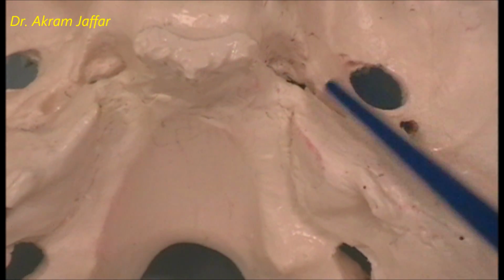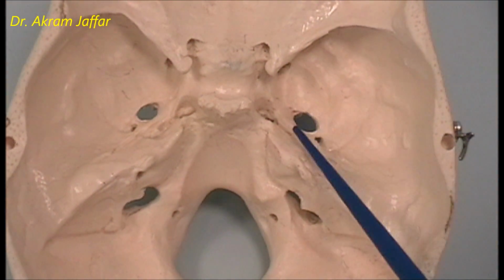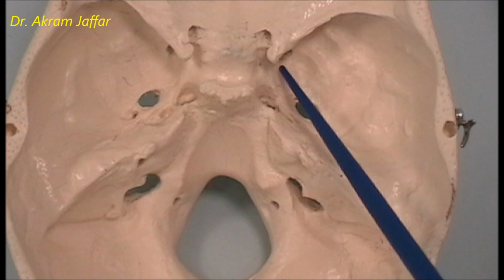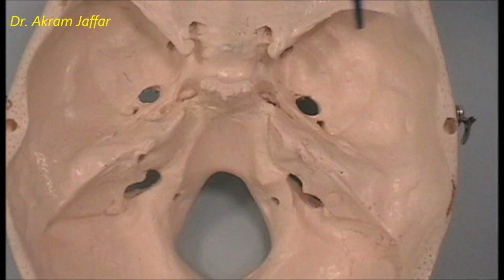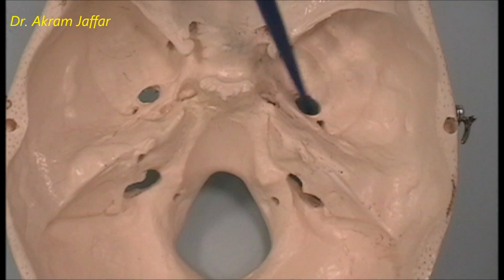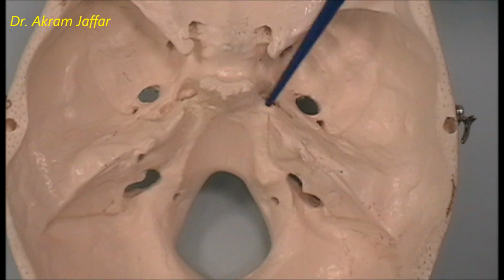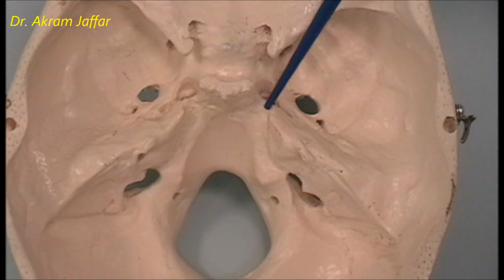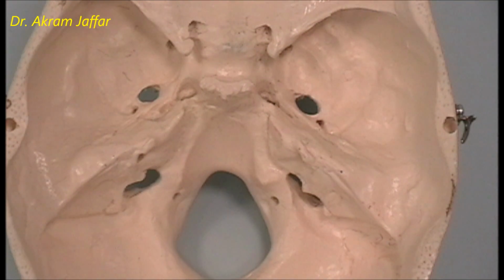The first division, the ophthalmic division, passes forward to the superior orbital fissure, and the second division, the maxillary division, passes forwards and downward toward foramen rotundum, and the third division passes immediately downwards into foramen ovale. That is the mandibular division of the trigeminal nerve. So this impression here at the apex of the petrous temporal bone is formed by the trigeminal ganglion, as well as the abducent nerve may groove the bone here at the apex of the petrous temporal bone.